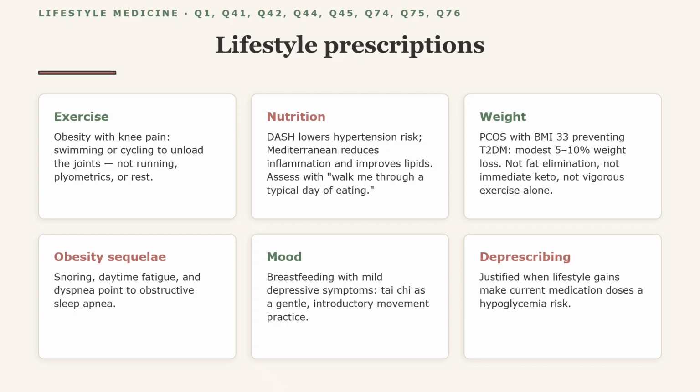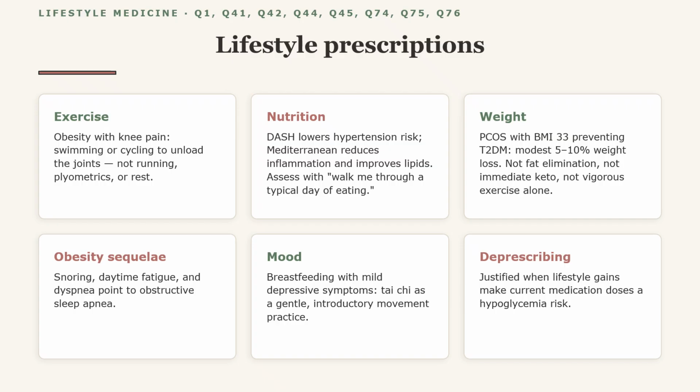Lifestyle prescriptions. So not all prescriptions go to the pharmacy. Sometimes the prescription is going to be exercise. So if someone's obese and they have knee pain, we're going to do something that's very low impact, like swimming or cycling. No running, plyometrics, or rest.